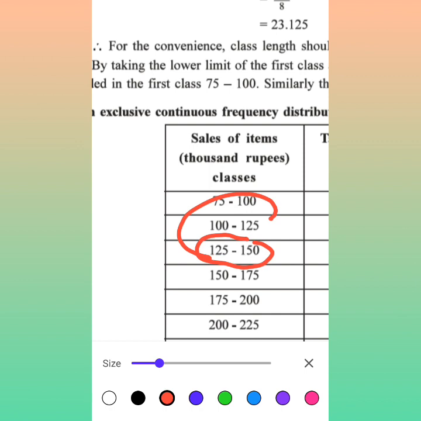And the upper limit of the given class and the lower limit of the subsequent, that is the next class, are the same. When this is the case, these are called exclusive continuous frequency distributions.